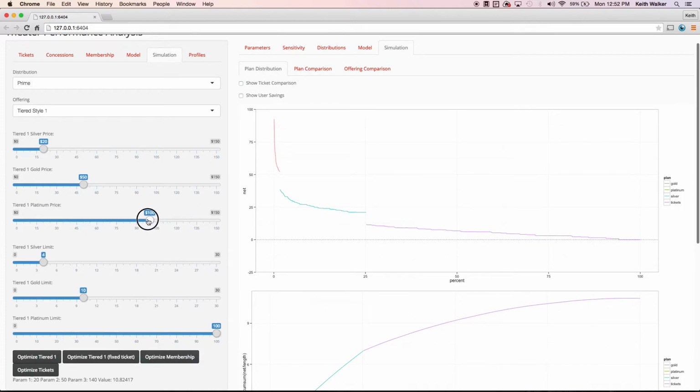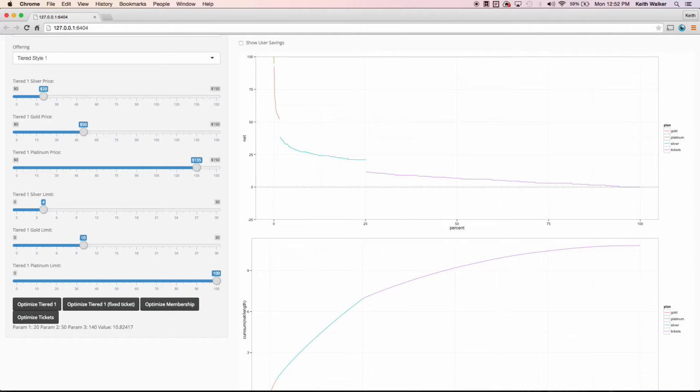I think it doesn't matter actually. There must not be anybody that joins this. Oh yeah, there's some people. All right, I'm gonna go to 120. Oh, it's just off the chart. Huh. Okay, cool. So yeah, 140 is apparently what we should charge for that.